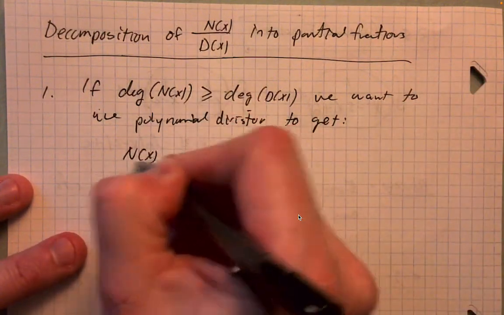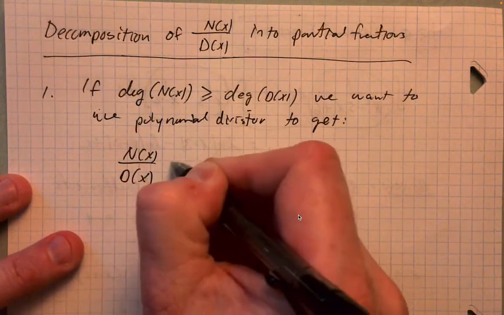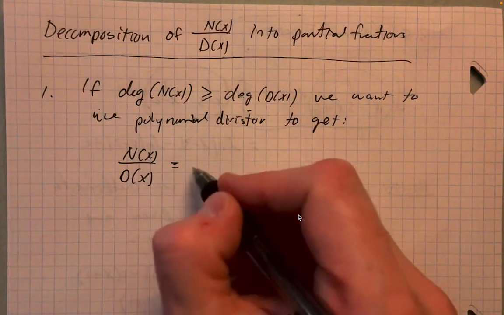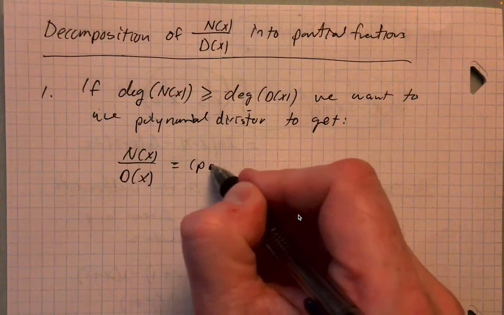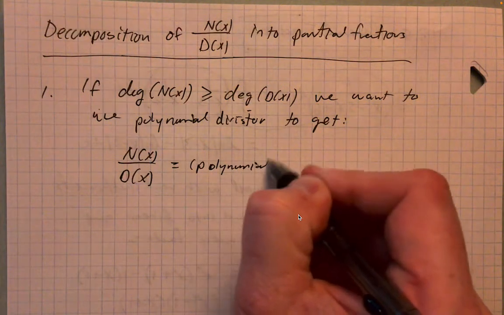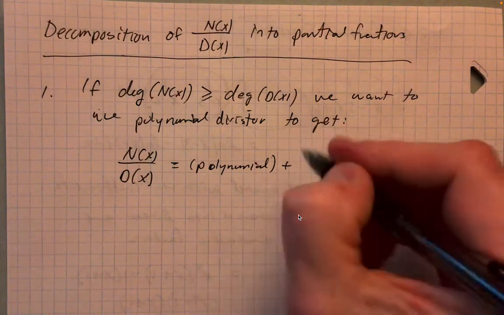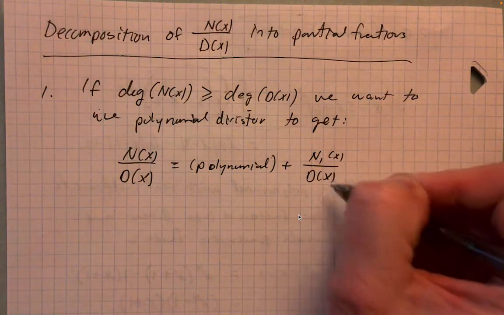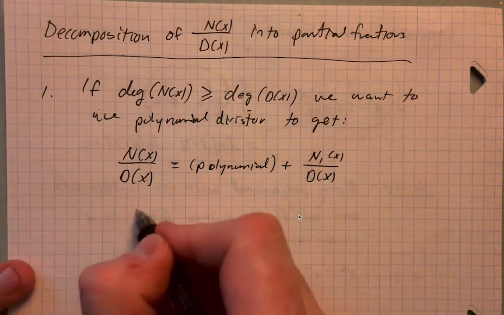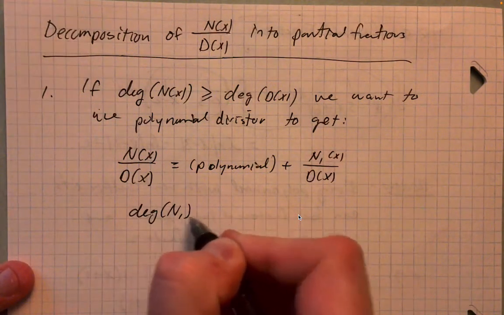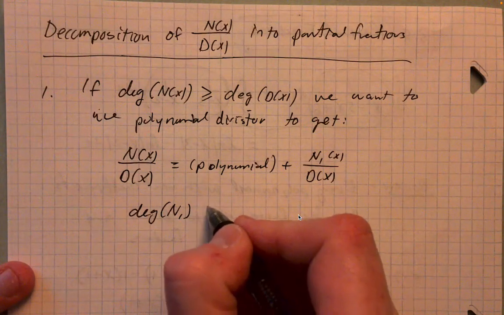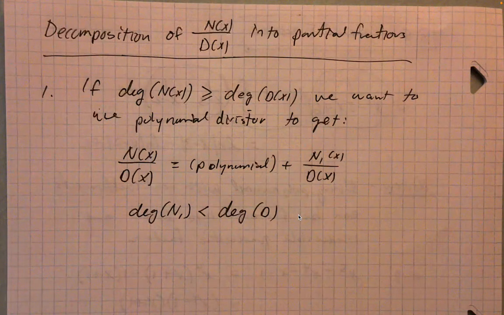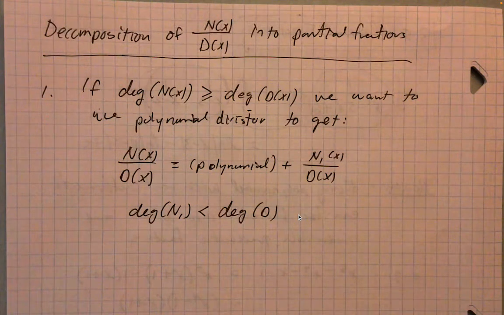If you do polynomial division on this, you'll get something like this: n of x over d of x is equal to some polynomial plus a new polynomial n1 of x over d of x. And in this case, the degree of n1 will be less than the degree of d. Okay, so that's step one.